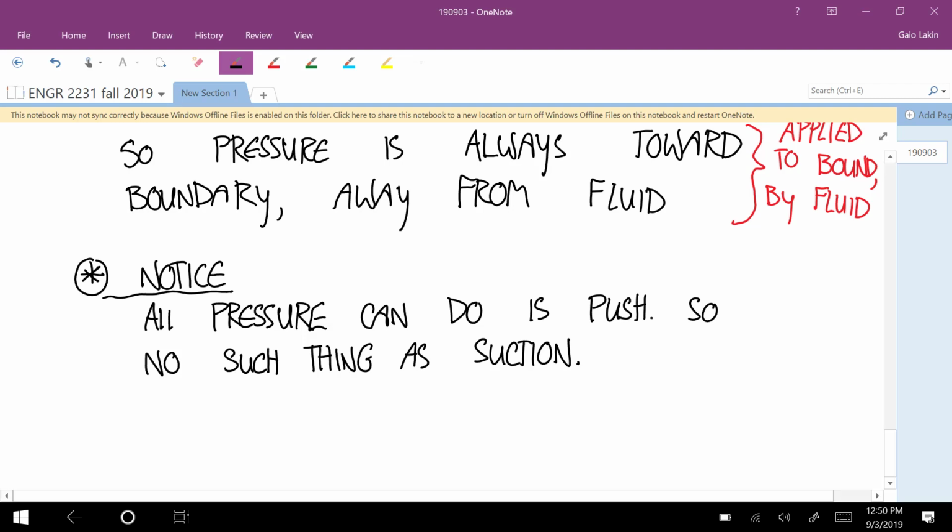So there's no such thing as suction, there's only different pressures pushing against each other.